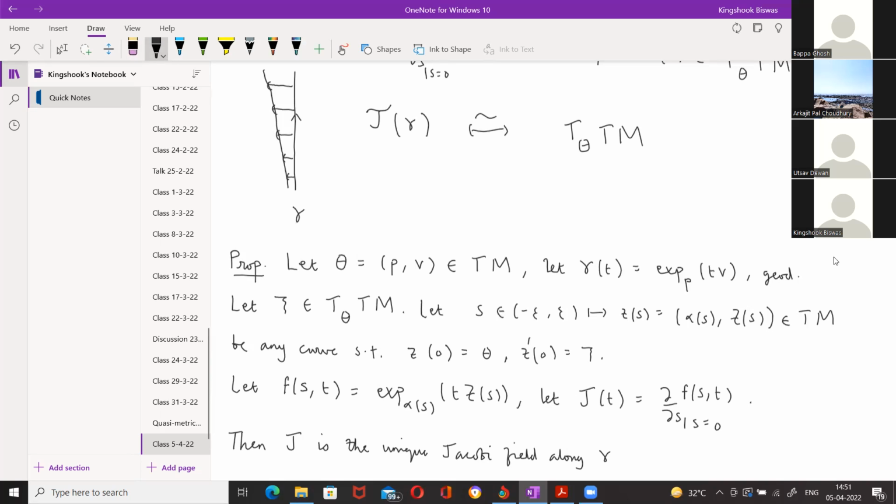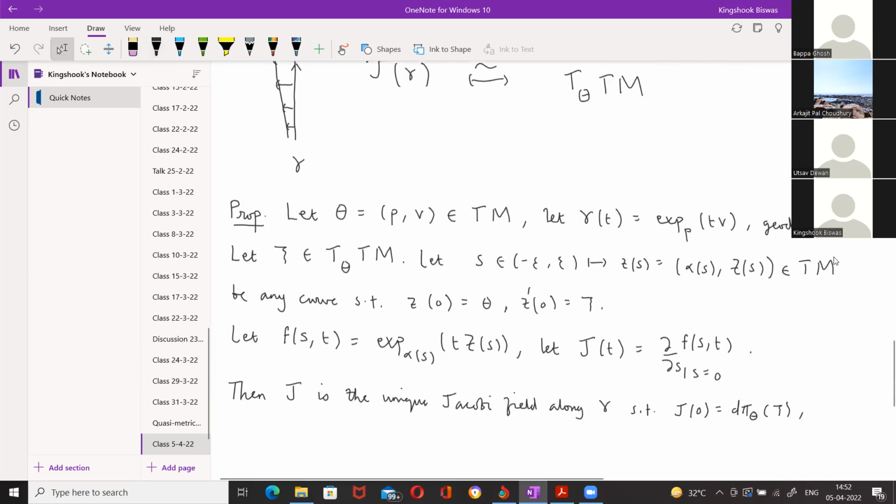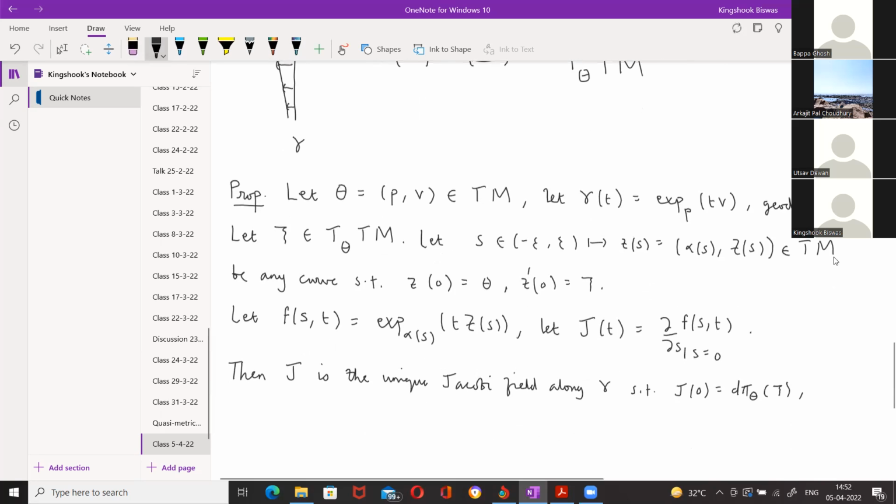Let me just write it such that J0 equal to d pi theta of xi, the horizontal component of xi, and J prime 0 is equal to k theta of xi, the vertical component of xi.